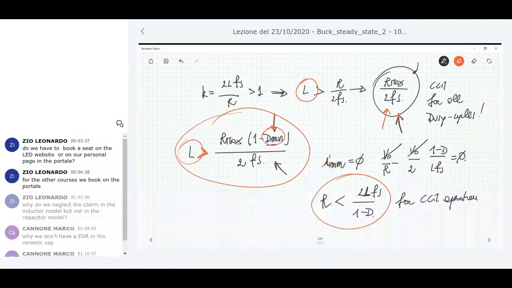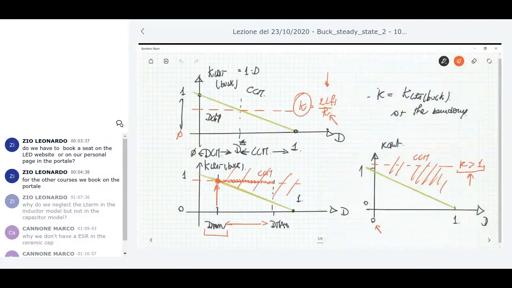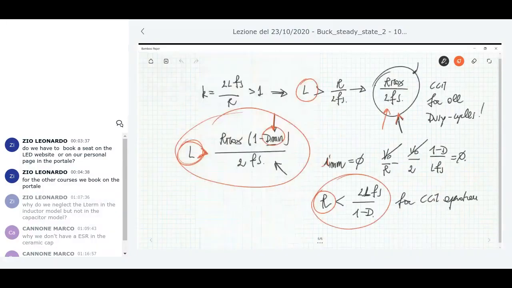Both of these situations, R and L boundary for operating CCM or DCM, are a direct consequence of this generalization that I put here. K is a parameter that is described in this way. So when you choose R as a variable, you can get what I described here. When you choose L, you can get this result.